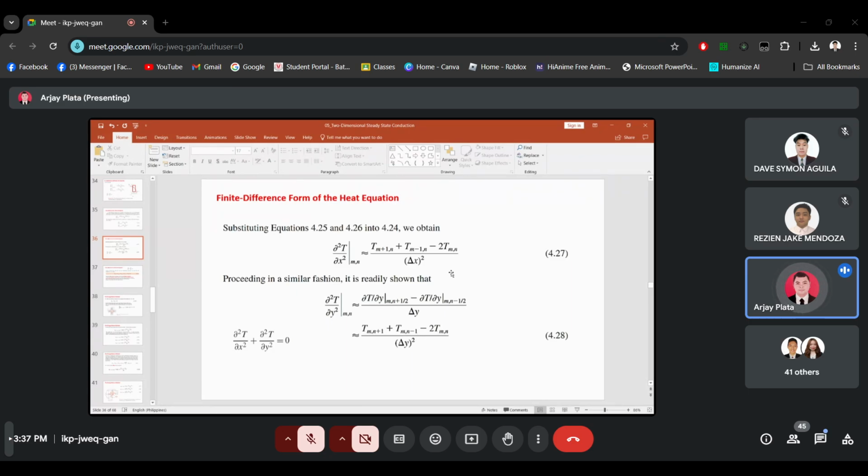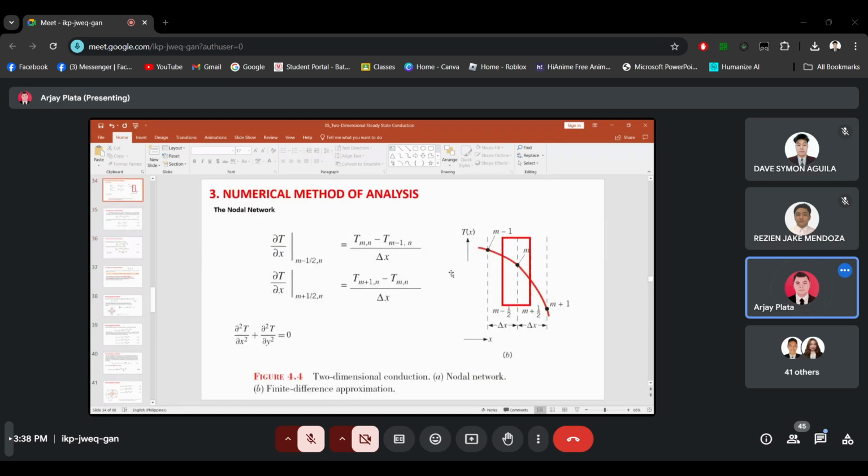In finite difference equations, two-dimensional problems involve geometries and boundary conditions. This is our boundary condition, and this is our geometry.